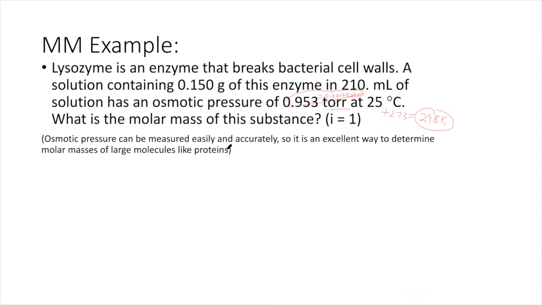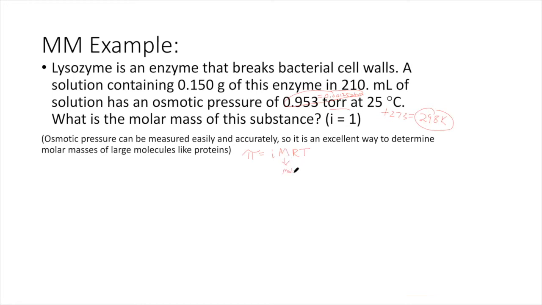So once again, remember that this equation is on your equation sheet. The osmotic pressure is equal to the Van't Hoff factor times the molarity times R times T. Okay. So the other thing that we can do, and this is the important part, is that remember that molarity is moles per liter, okay? And so the first thing I need to do is kind of substitute in that relationship.